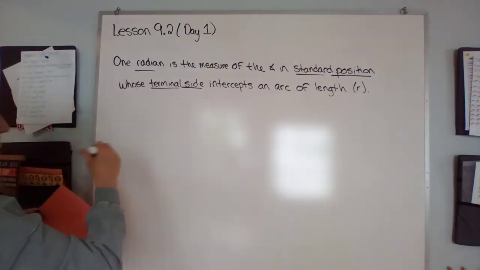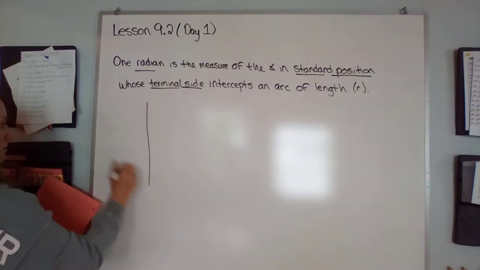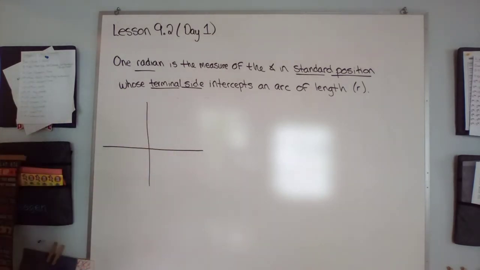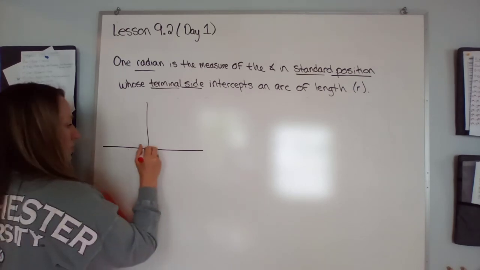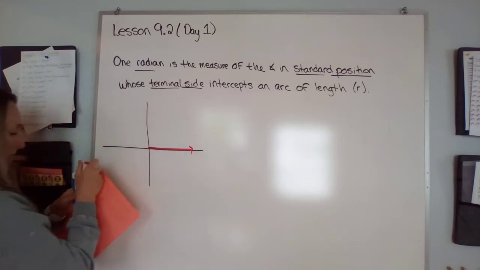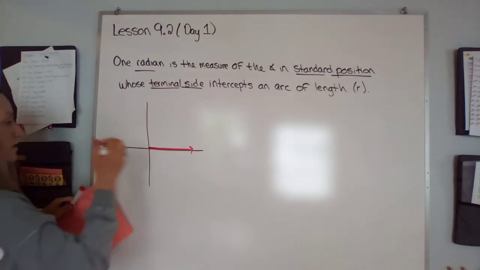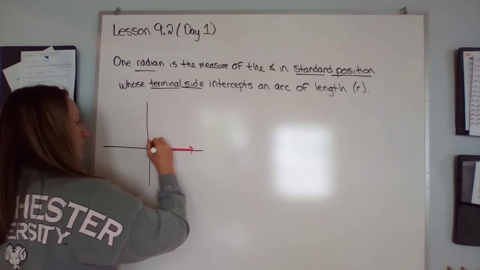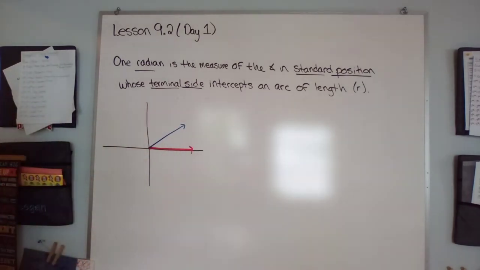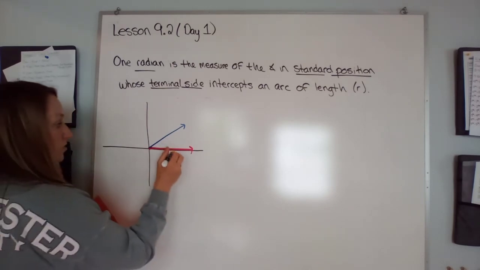Okay. So if we have our initial side locked to the positive x and our terminal side, and then it talks about an arc length, so I'm going to draw a circle.